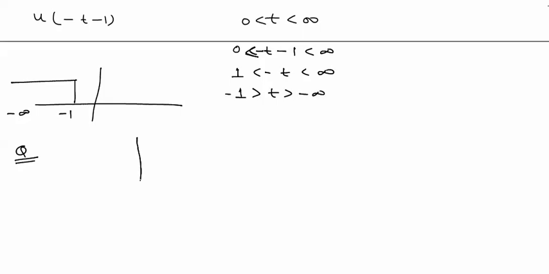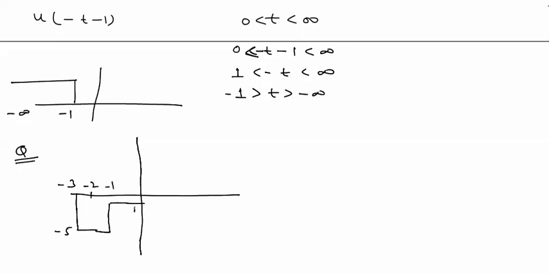I draw a random type of signal, not a uniform signal. The levels are minus 3, minus 5, 1, 5, 2, 7, 4.